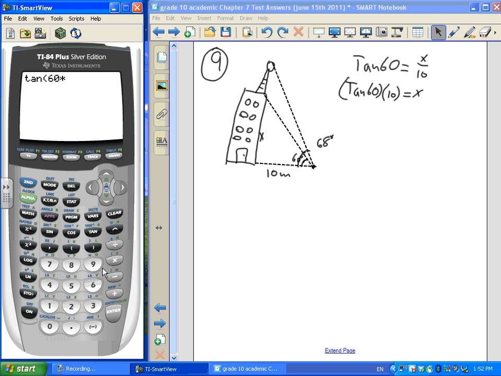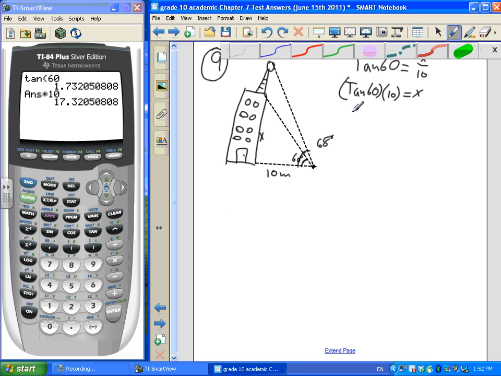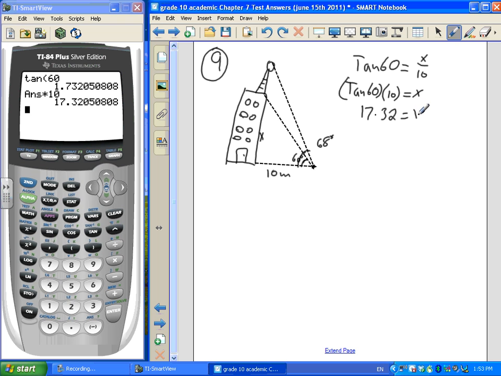Tangent 60, put that first, times 10. You have to do tangent 60 first. 17.32. So the height of the building is 17.32 meters tall. Now, the other part we're going to solve is from the top of the tower to the bottom of the building. Do that in a different color.